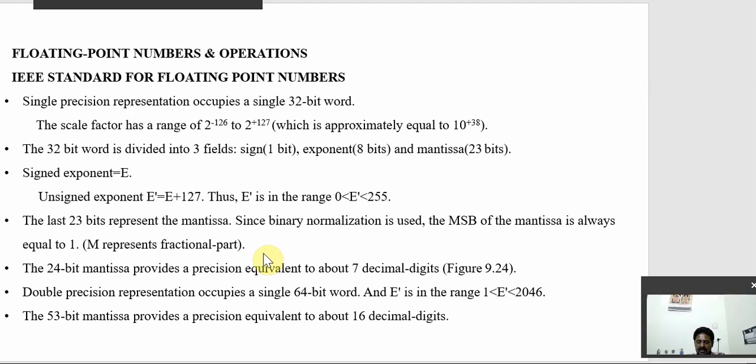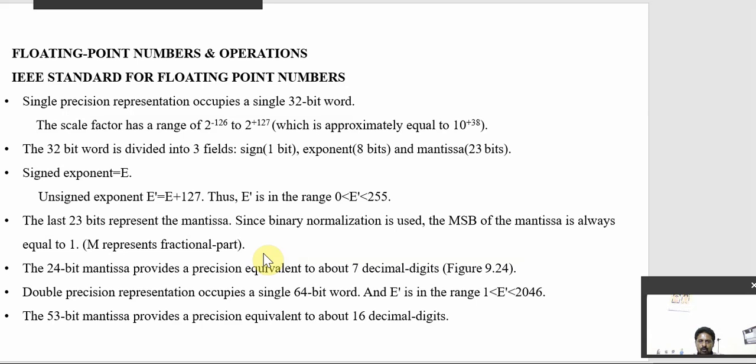We can write the total value as 1.11100001110 times 2 power 5. Here 1 is the sign bit, the remaining part is the Mantissa, and 2 power something is the exponent value.